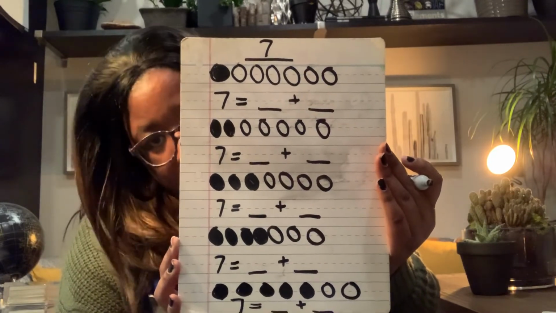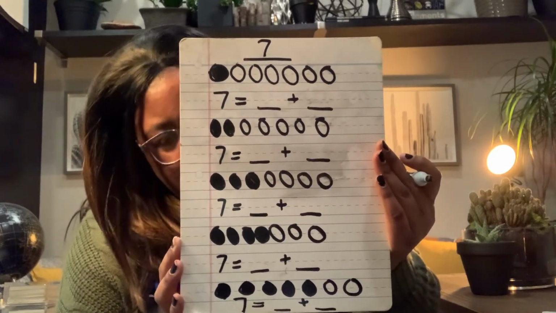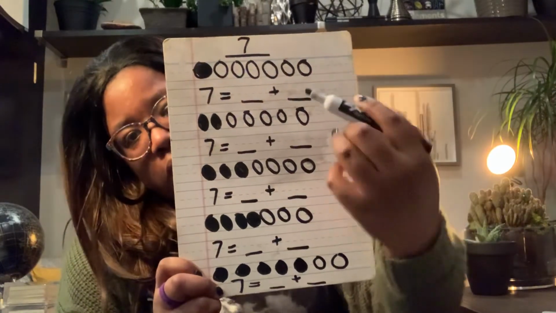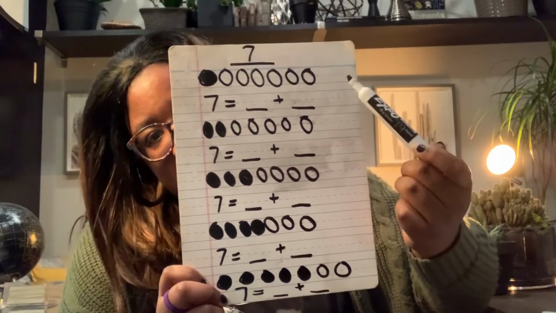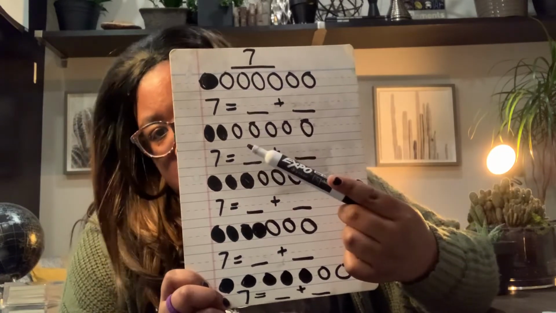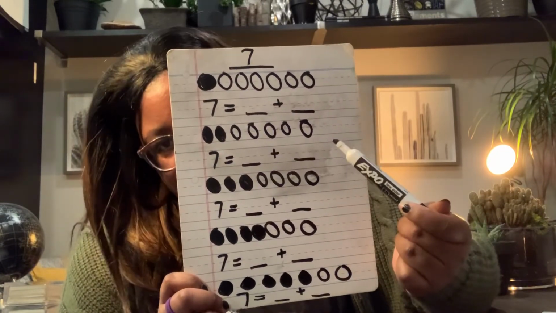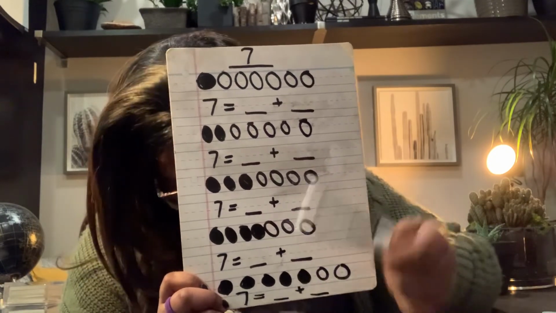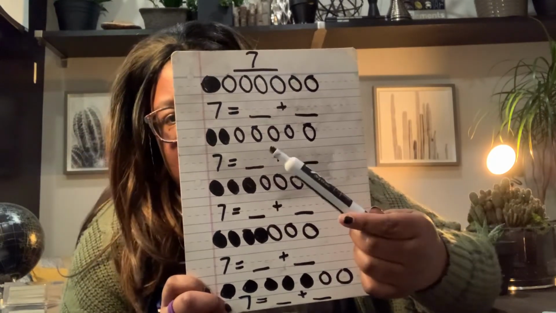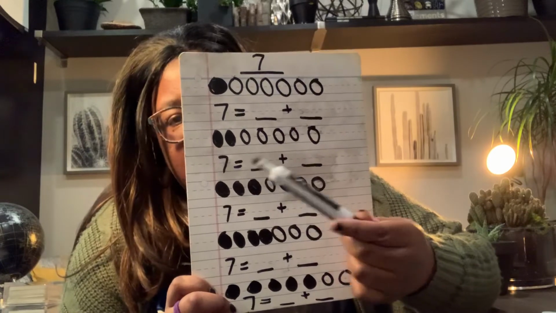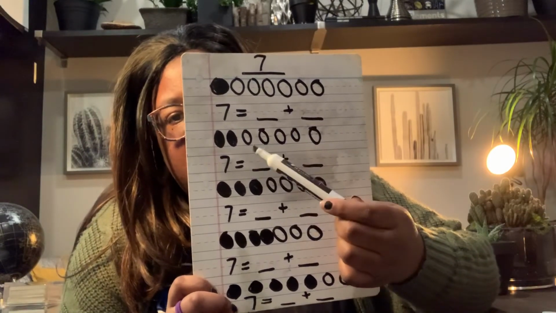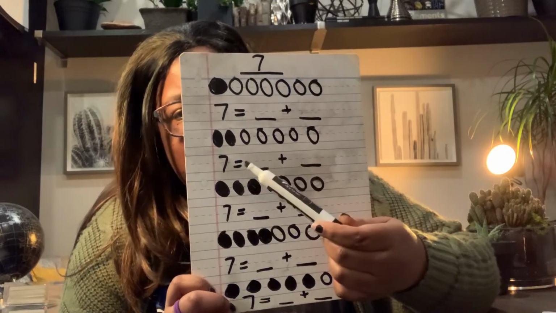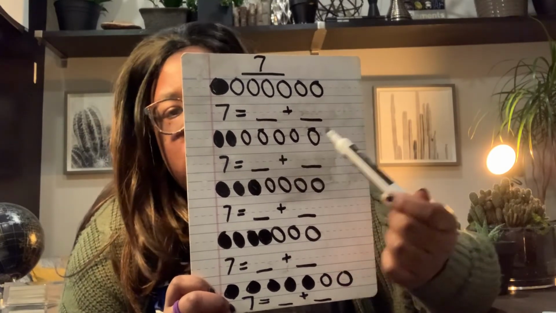If I only colored in 1 circle, what do you think our 2 parts are? Right, we have 1 and 6. If I colored in 2, what do you think the 2 parts would be? Because our whole is constantly 7. 7's our magic number for the day. So if I colored in 2, that would be 2 and 1, 2, 3, 4, 5. That would be 7 equals 2 plus 5.